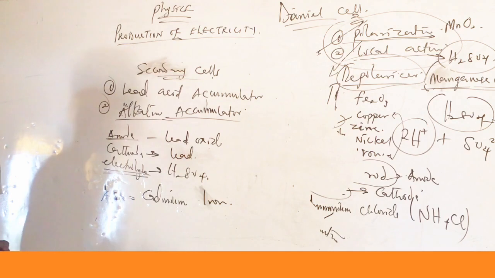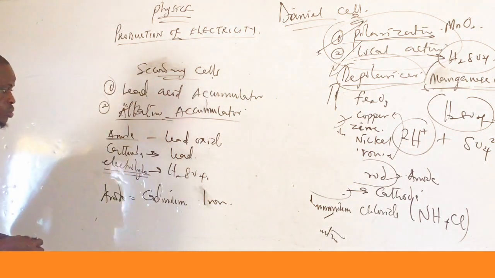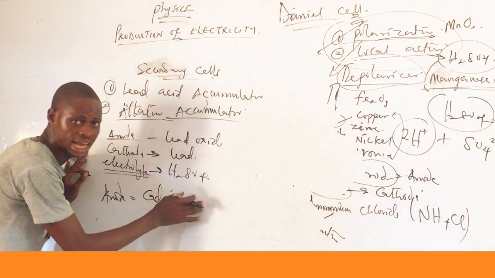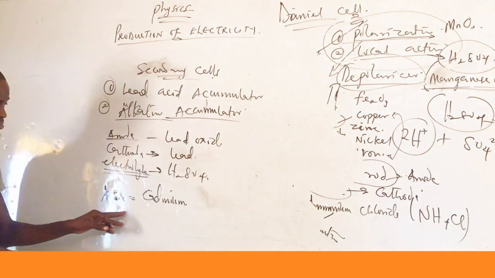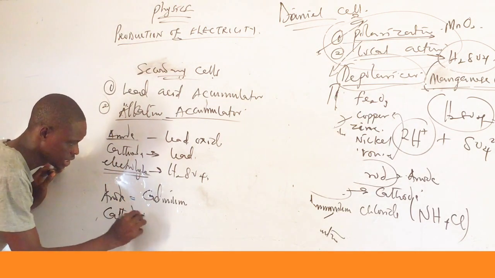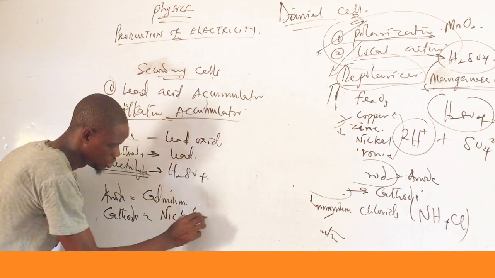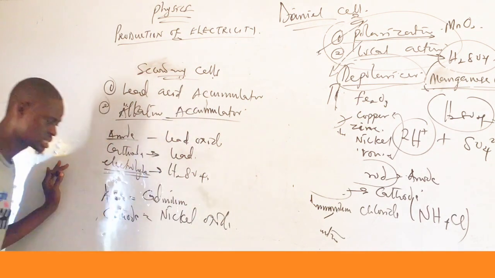We can use potassium hydroxide. Nickel oxide is used as the cathode. The cathode we make of nickel oxide.